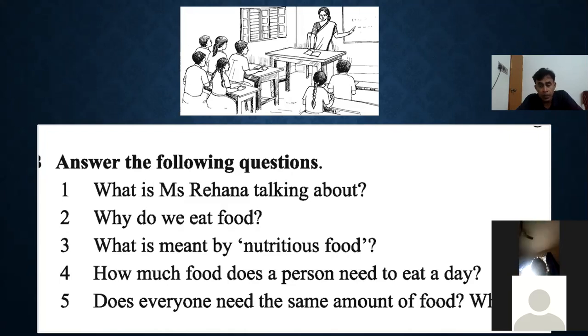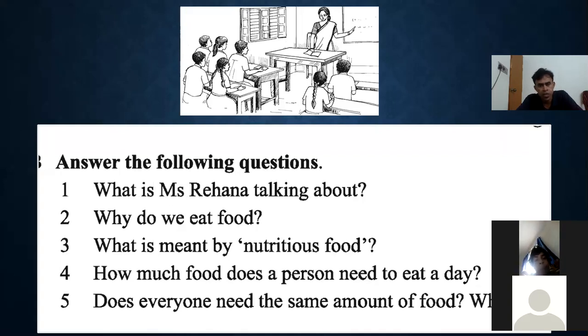How much food does a person need to eat a day? A person needs to eat a certain amount of food a day that depends on his body, physical structure or growth. Does everyone need the same amount of food? Have a look. We have got the question using an auxiliary verb at the very first.